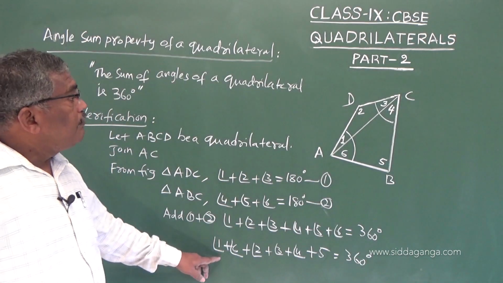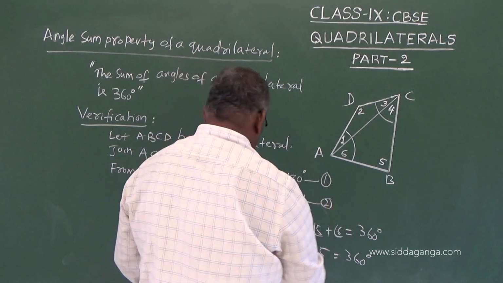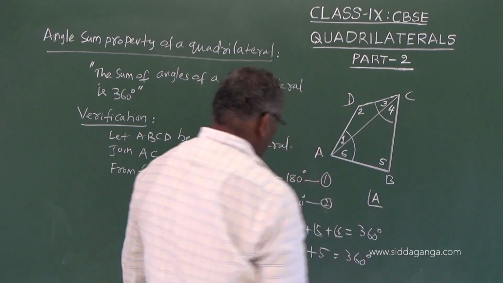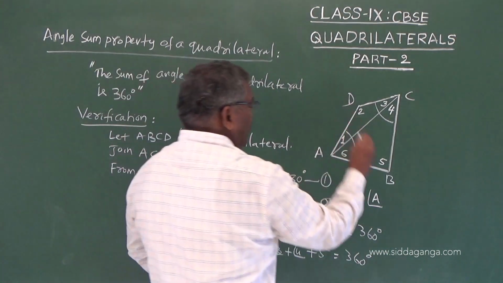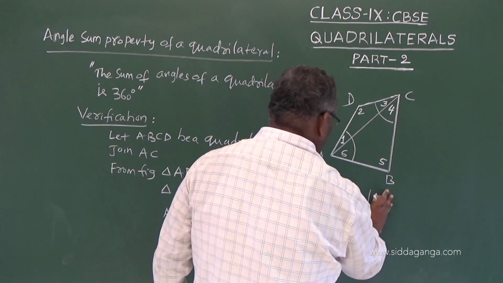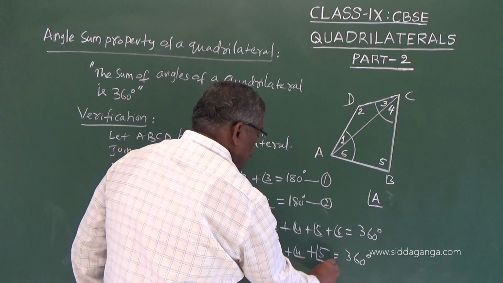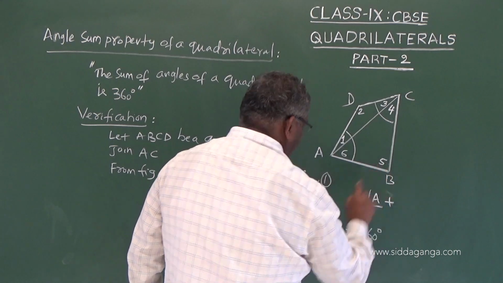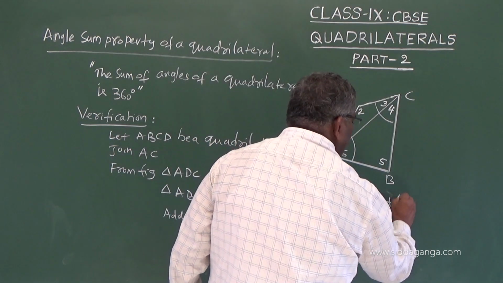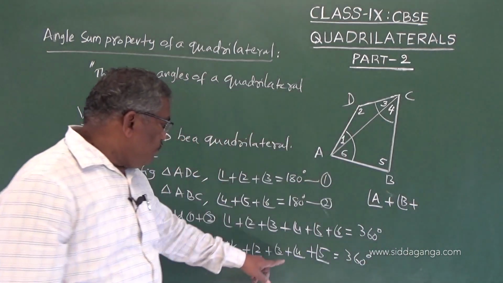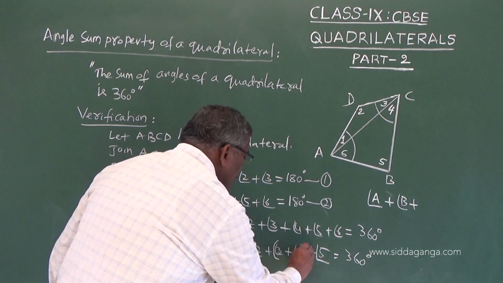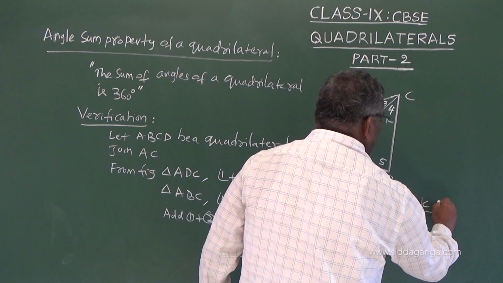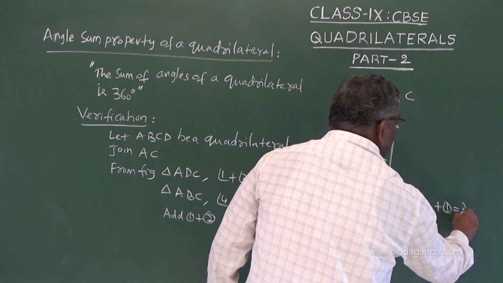So 1 plus 6 is angle A. In place of 1 plus 6 I will write angle A. Angle 2 is nothing but angle D. Instead of 5 I will write angle B. And 3 plus 4 is angle C, and angle 2 is nothing but angle D, is equal to 360 degrees.